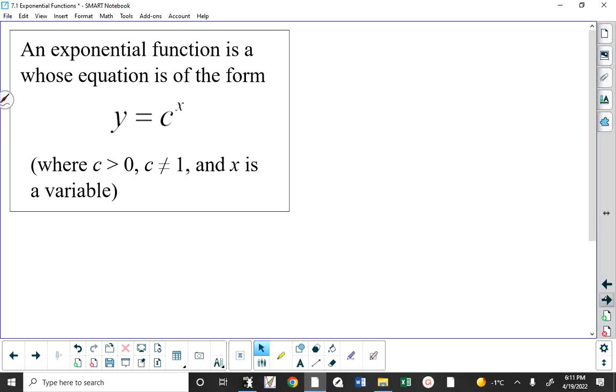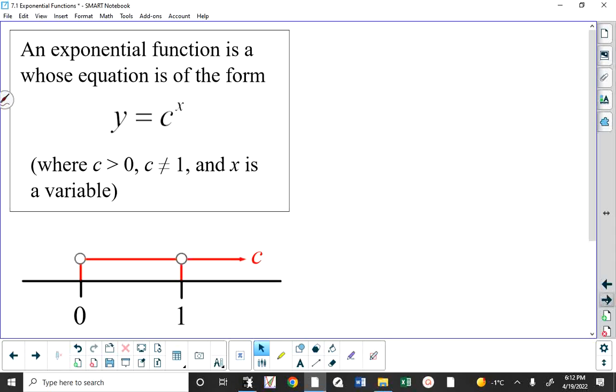If I were in front of you right now and not recording a video, I might explore with you the reason why c cannot be 1, but let's not worry about that right now. x is a variable. c can be a number between 0 and 1 or greater than 1, but it cannot be equal to 0 and it cannot be equal to 1.